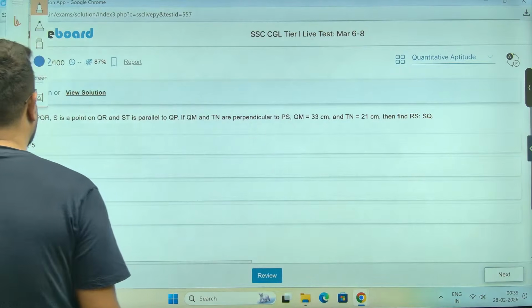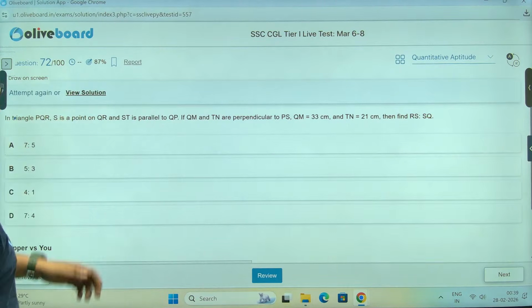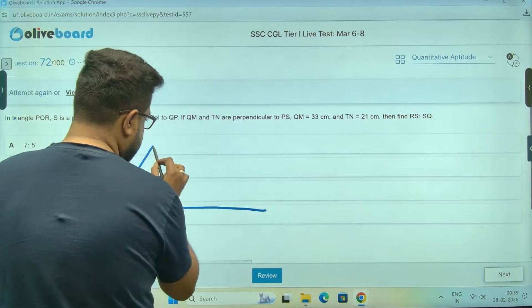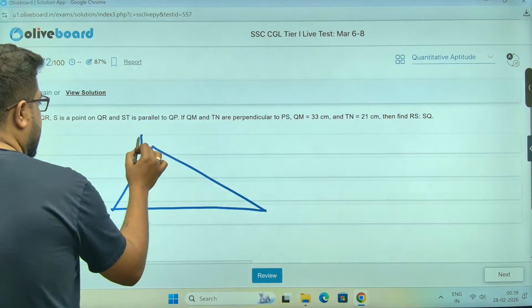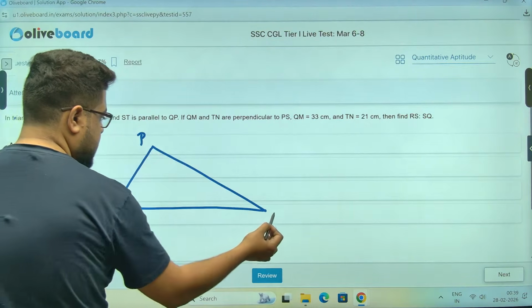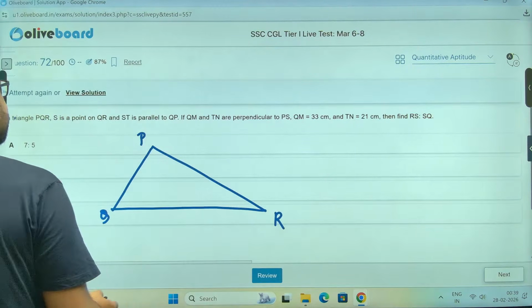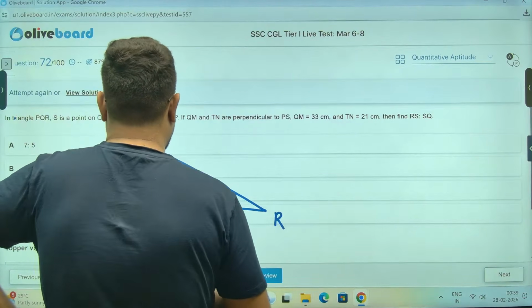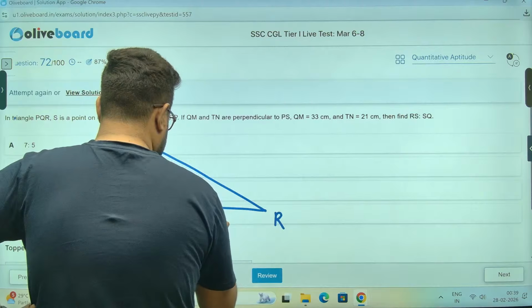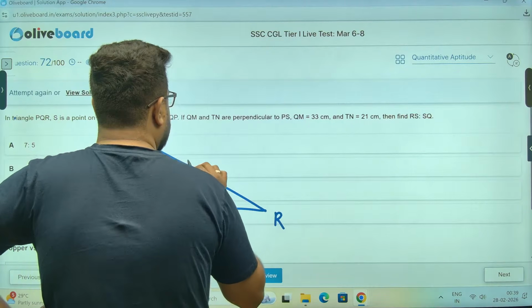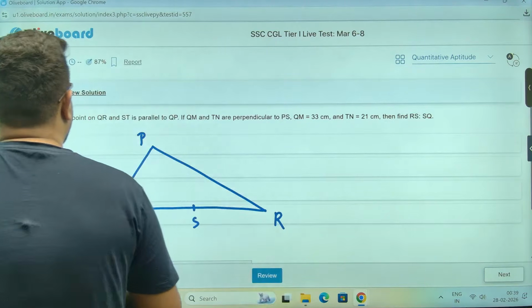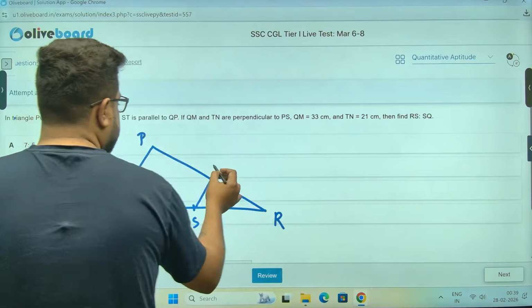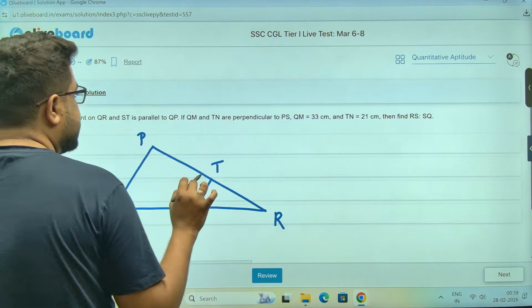Sir, again, a question on geometry. Triangle given PQR. S is a point on QR and ST is parallel to QP. T must be this point. Let's see.